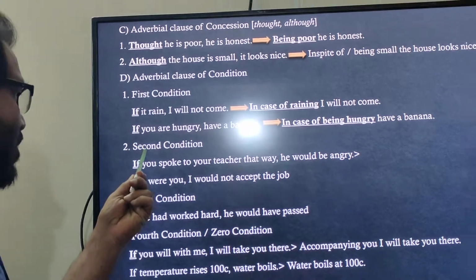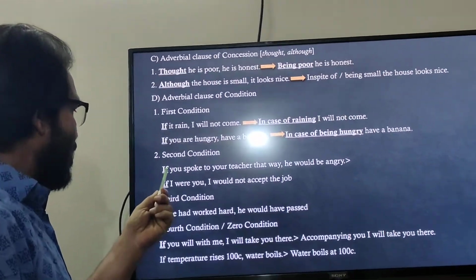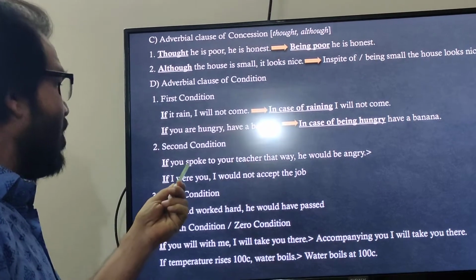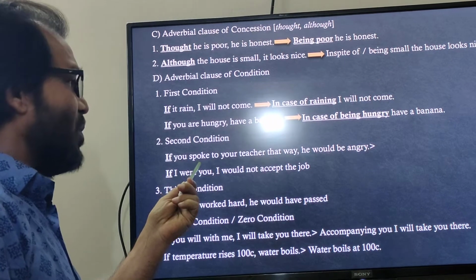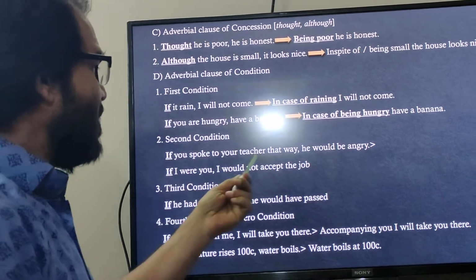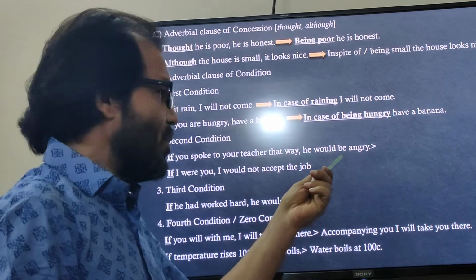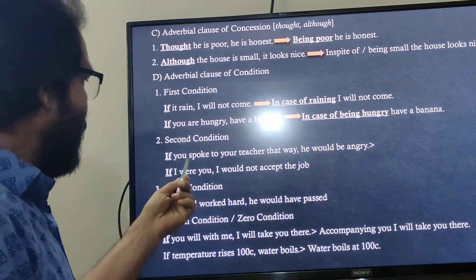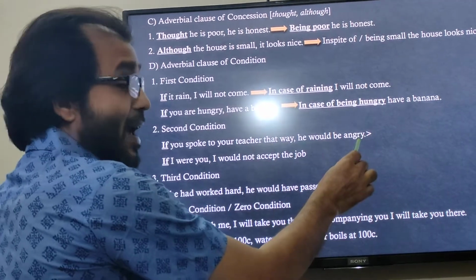Now let me talk to you about the second condition. In the conditional clause, the second condition takes the past form of the verb, and in the principal clause, it takes would plus the base form of the verb. For example, if you spoke to your teacher that way, he would be angry.